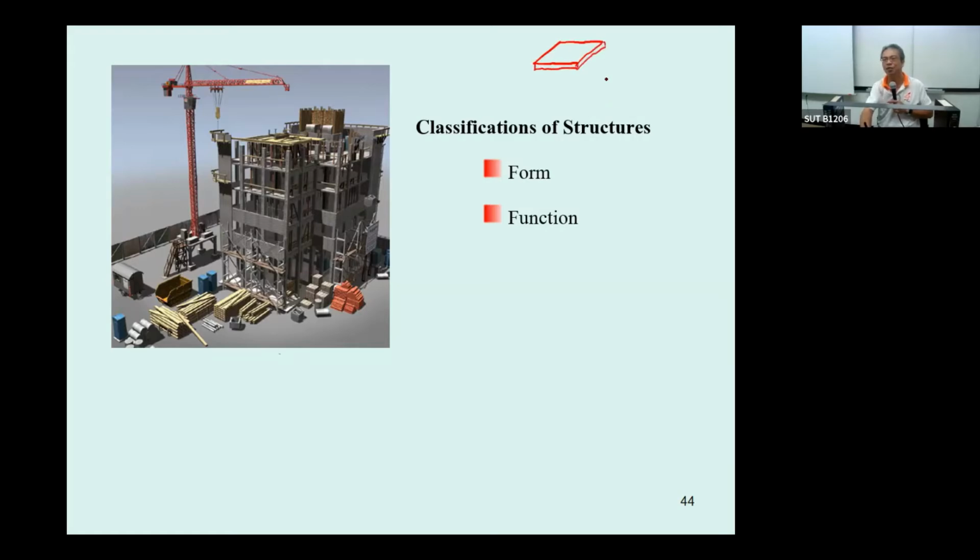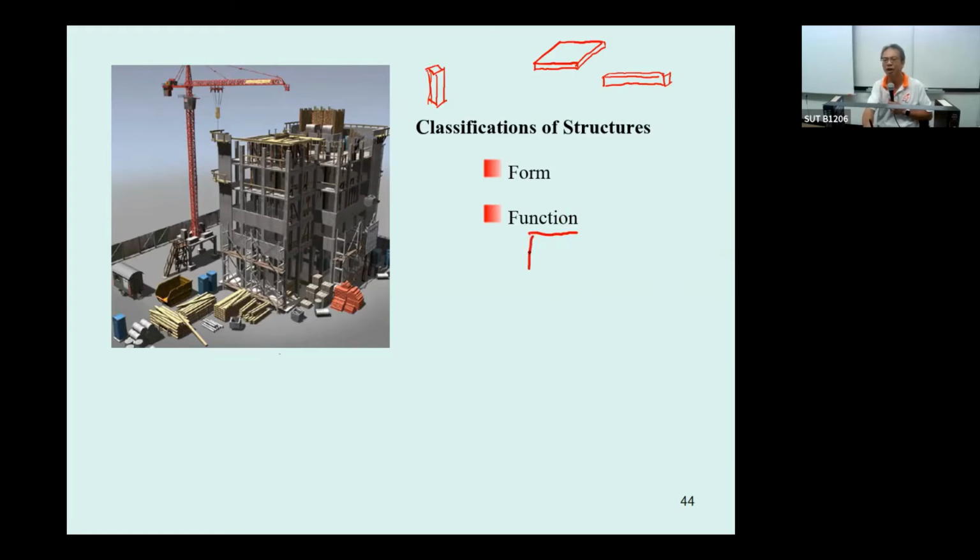If you consider the form of the beam, it is usually in the horizontal direction and subjected to force. If it's in the form of the column, it's going to have the form like this. If we consider the function, the function is the duty that the form is going to take.